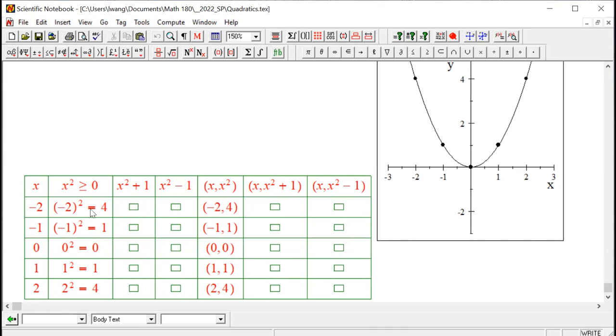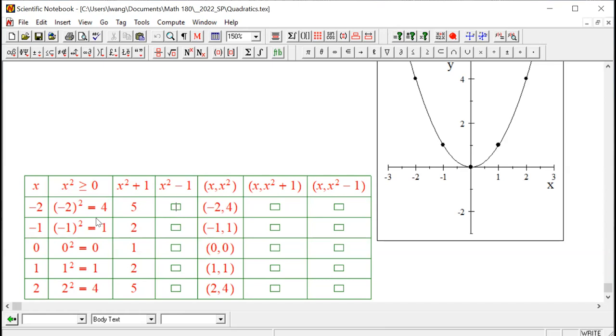Now, we got x squared, right? Input 2, x squared plus 1: 4 plus 1, so that's 5. For input -1, the output is 1, and 1 plus 1 is 2. Input 0, output 0, and 0 squared plus 1 is 1. So this is going to be 2, and this is going to be 5.